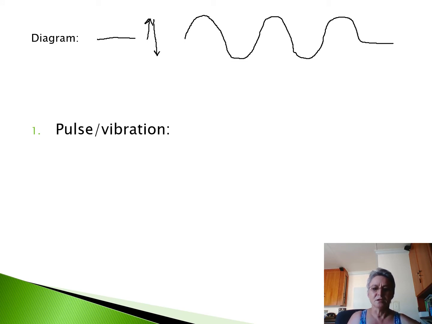Right, what is a pulse or a vibration? It is a single disturbance that moves through a medium. So your pulse would be this part. That would be a pulse. It's like half a vibration. A vibration is a to and fro motion.